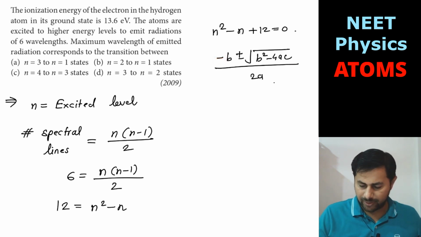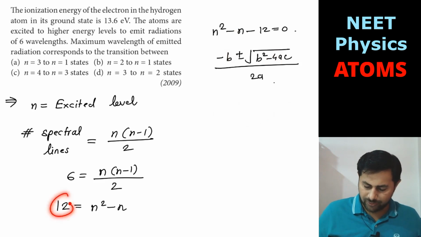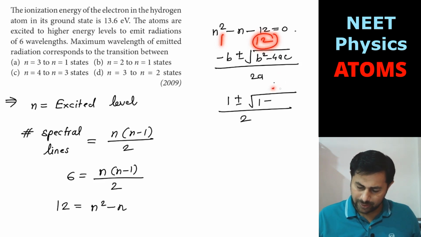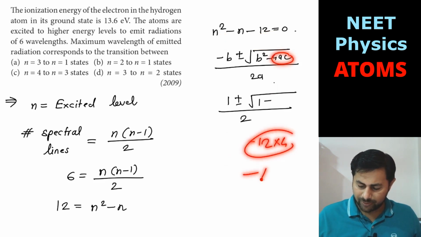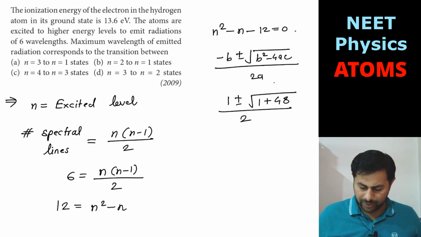Minus b is minus of minus 1, so that's plus 1, plus minus square root of b square, which is 1, minus 4ac. 4 times 1 times minus 12, which is minus 48, and with the negative sign, plus 48. 1 plus 48 is 49, so the square root is 7.